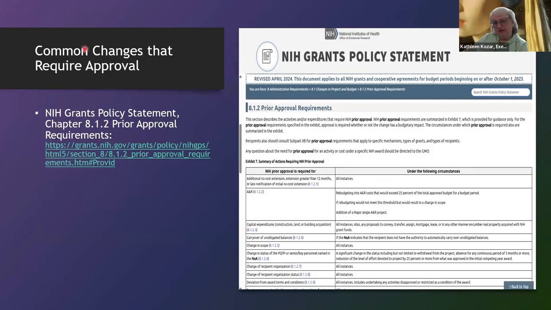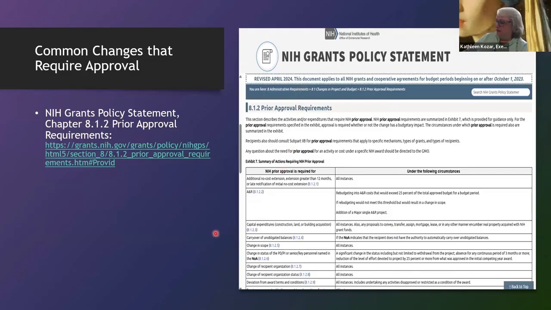Here are common changes that require prior approval. This is the NIH grants policy statement, but it was revised in 2024. So some of this information is no longer accurate. I could not find updated information, but this is something that you need to watch.